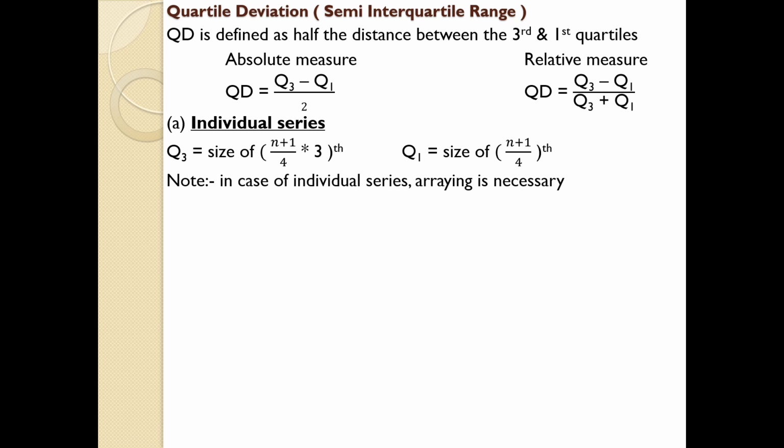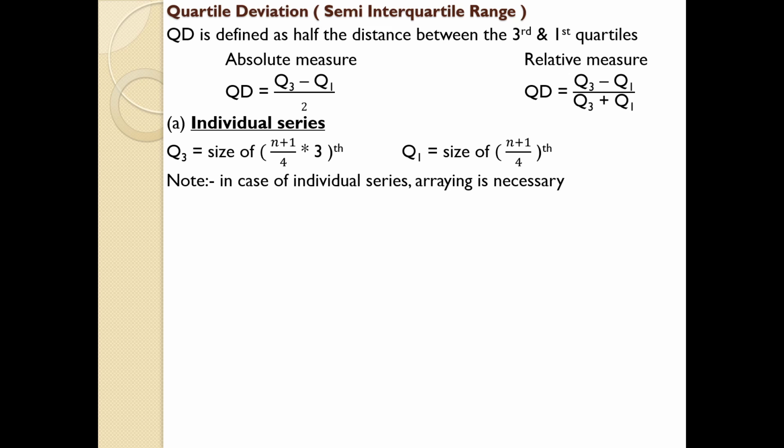In case of an individual series, arraying is necessary. I hope you know the meaning of the term arraying. Arraying means arranging in ascending or descending order. In case of quartile deviation, you need to arrange the given series in ascending or descending order. As I mentioned earlier, in quartile deviation we will be neglecting the first part and the last part of a series.